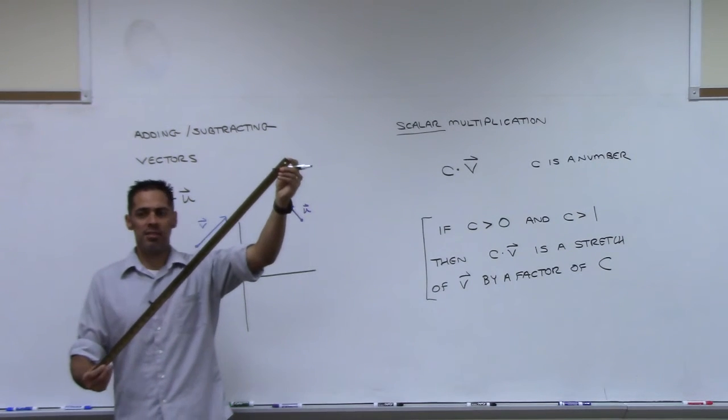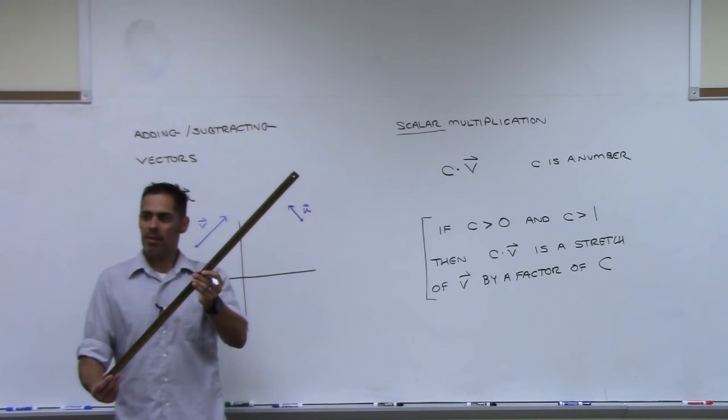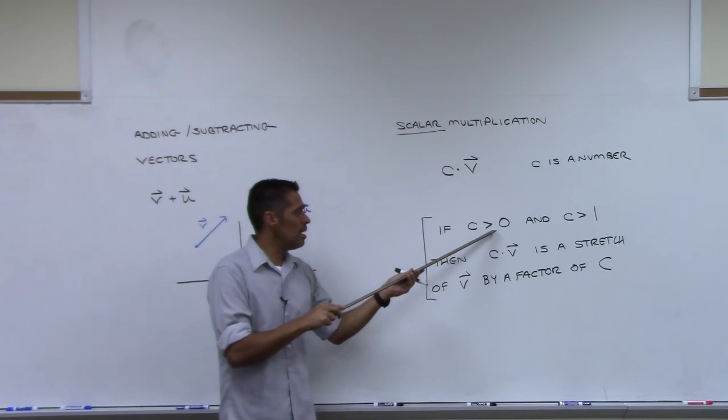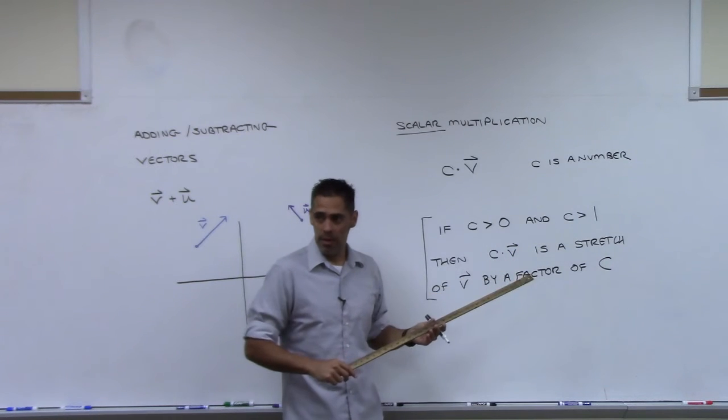Like if I have a vector, it's this length, and I want to make it maybe half as big, I mean, you multiply by half, right? That means I do need to multiply by a positive number, but not by a number bigger than 1, by a number smaller than 1.